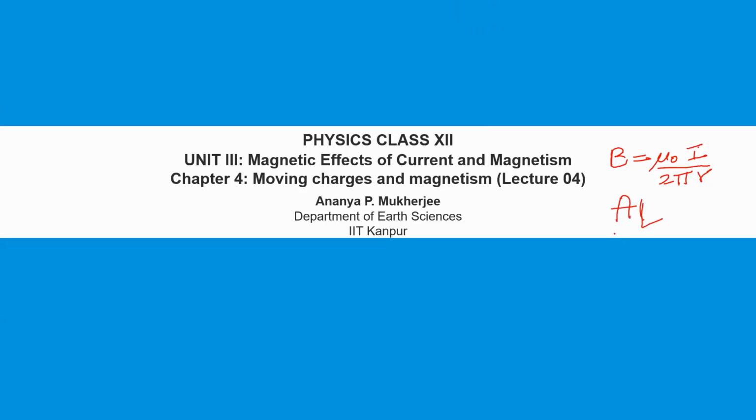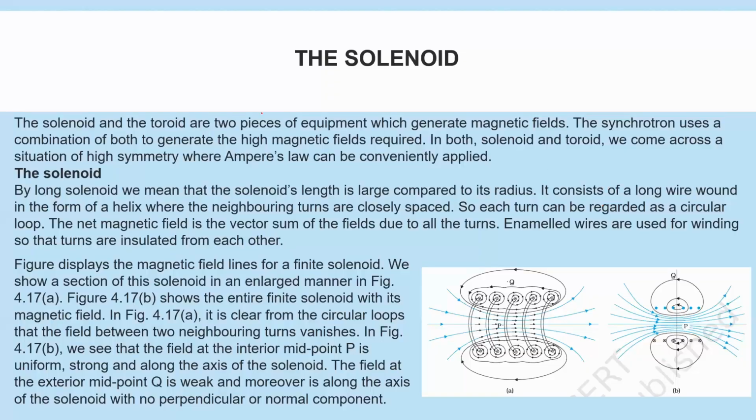So based on this Ampere's law, we will try to see how other kinds of magnetic systems can be explained, where we will be calculating the magnetic field. Two such devices that we will be looking at are the solenoid and toroid.